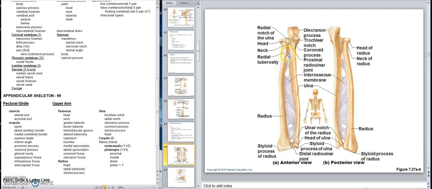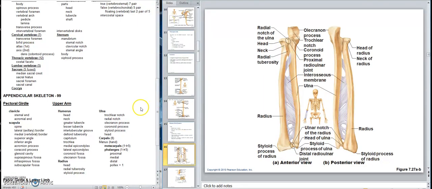Right here we have the radial tuberosity, which is kind of articulating with this ulna. The styloid process, which is down here, you can feel that in your wrist area there. Styloid process. So then we've got the head, that flat head of that thing. Radial tuberosity we did, and styloid process.